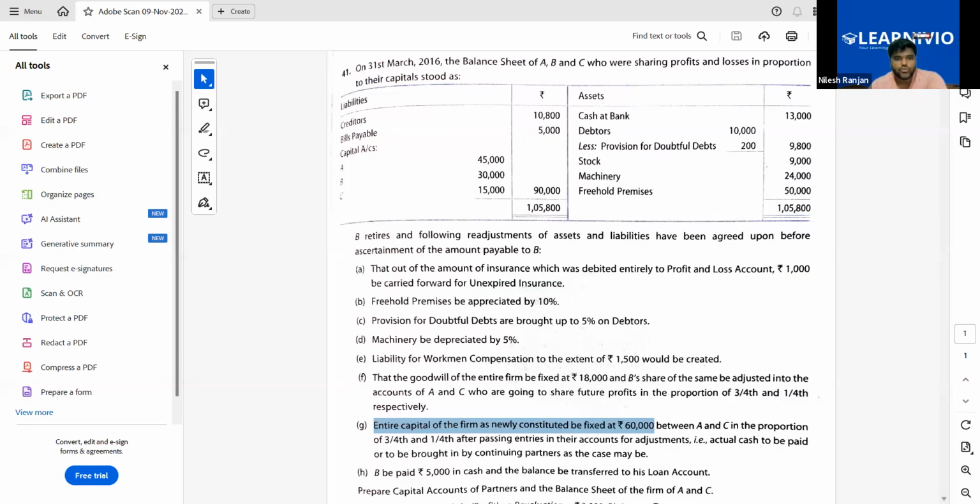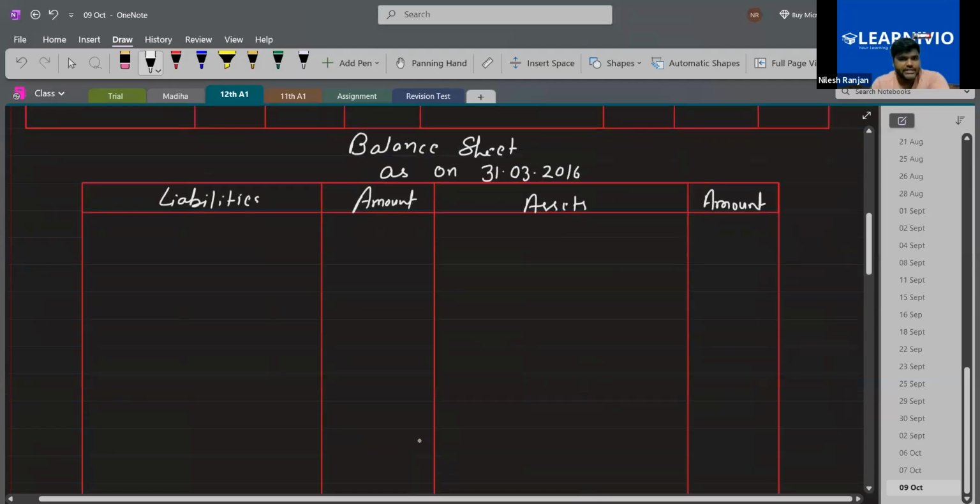So we will write those items which are not changed. So creditors 10,800 is the same. So I will write it here, creditors 10,800. After that, bills payable, there is no change in bills payable either. So bills payable is 5,000.